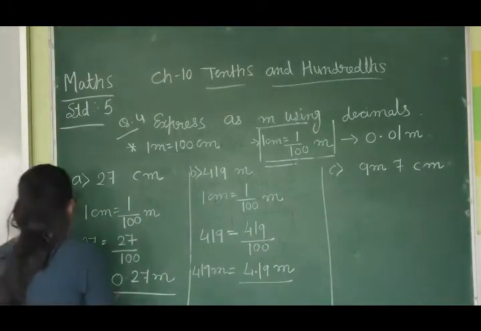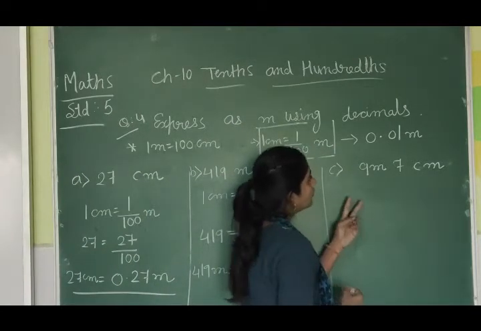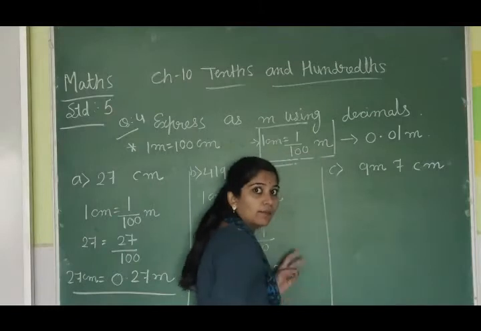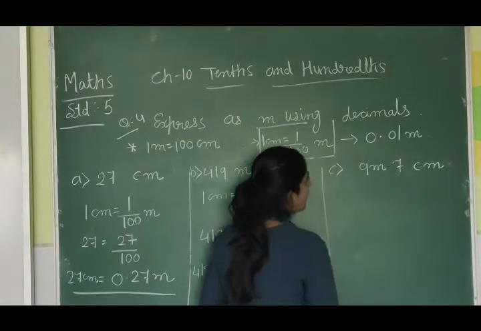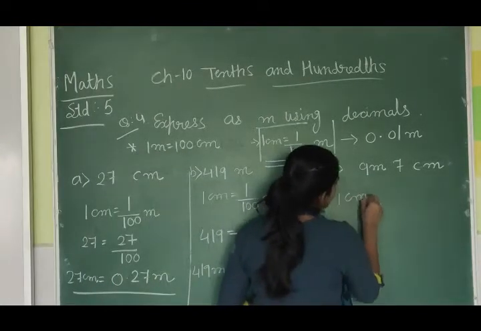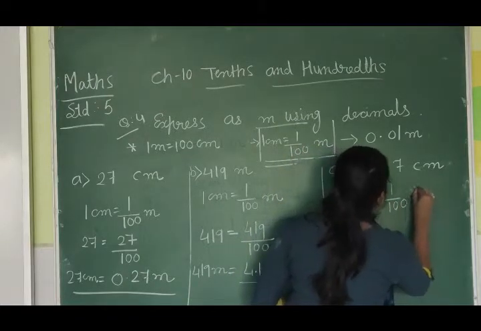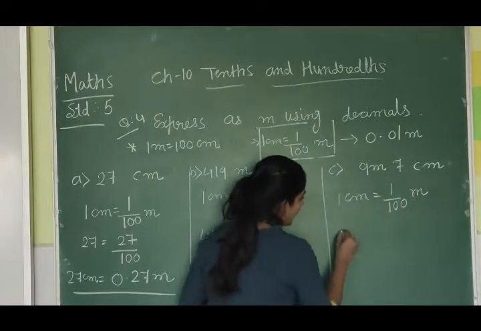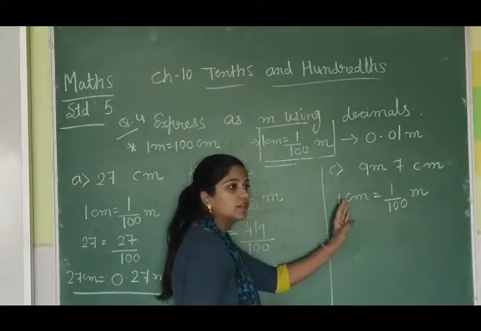Now the third one is 9 meter and 7 centimeter. So here both meter and centimeter units are included in this C part. So first we have to write the formula: 1 centimeter is equal to 1 upon 100 meter. Now the 9 meter remains the same, because this is the digit for the meter.